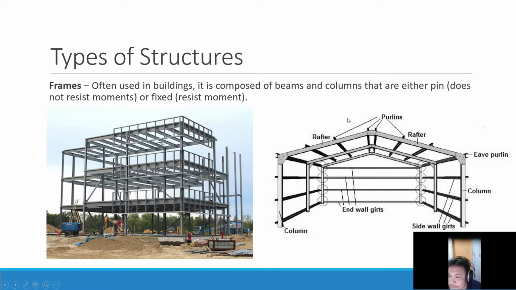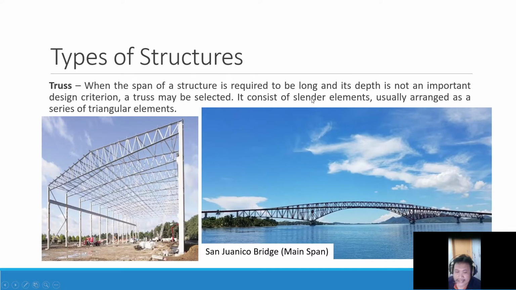So our next type of structures is truss. Okay. So on truss, as you can see in this definition, wala nang consideration sa depth niya, unlike sa beams ng mga frames, no. The depth is considered, especially when architects are involved in designing buildings.